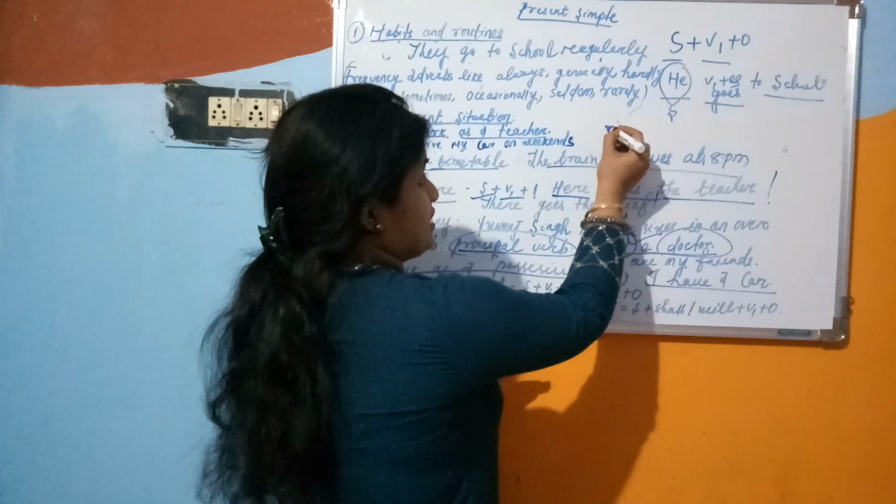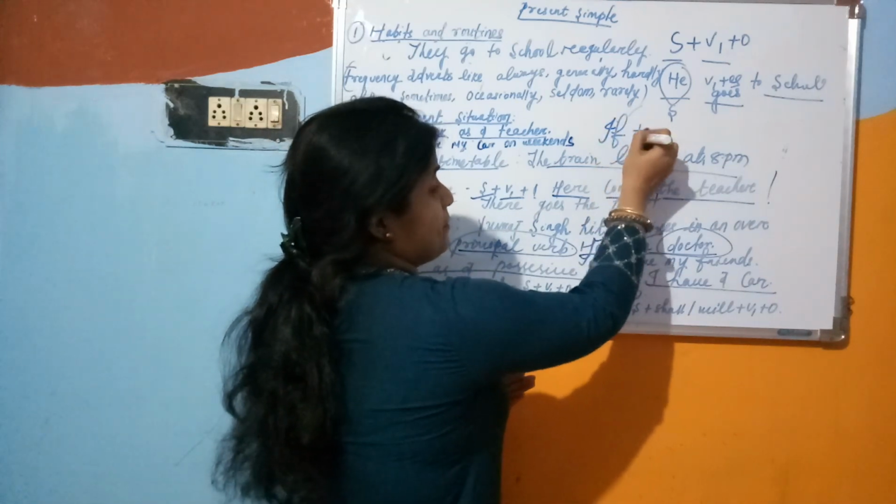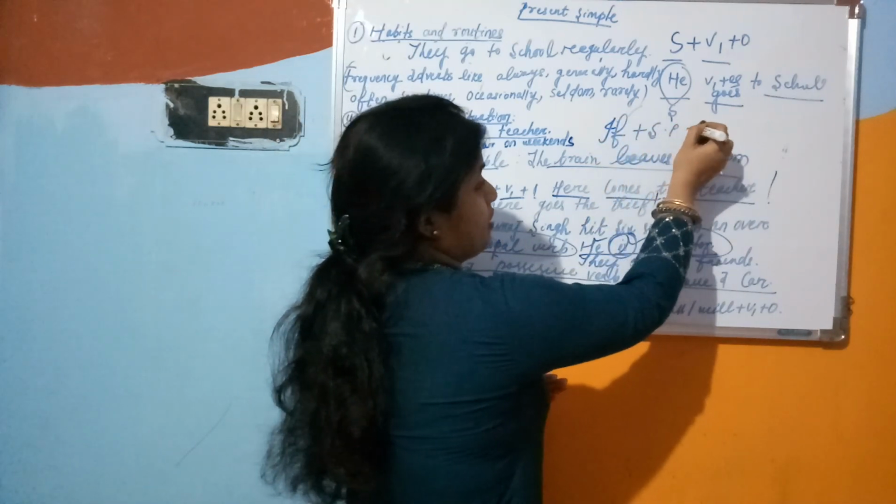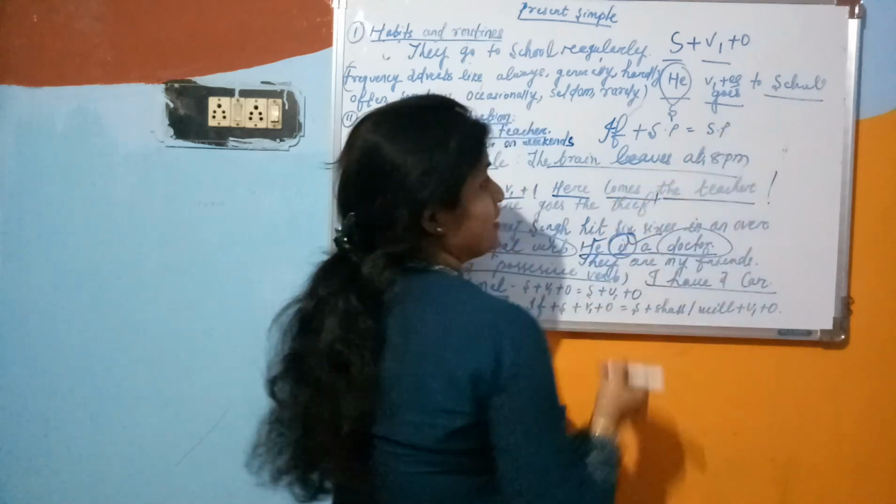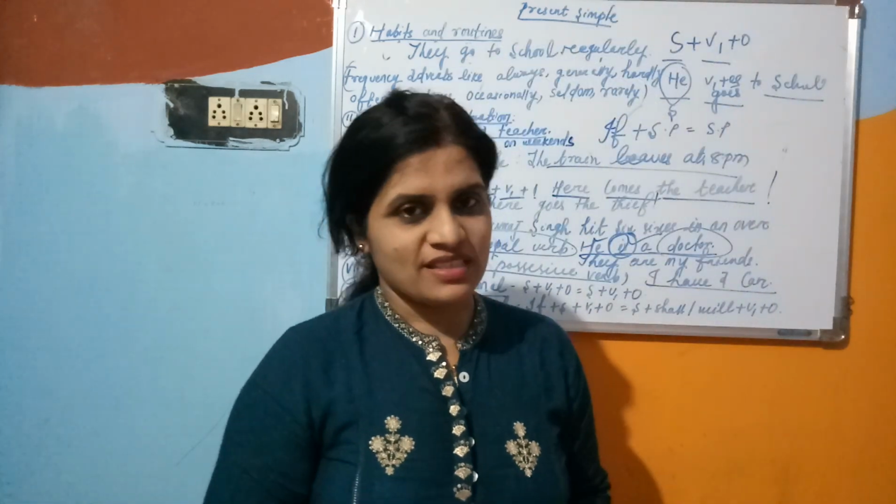Zero conditional means if plus simple present, simple present. It is used for scientific truth or general truth, which is true for you, for me, for everyone. So in zero conditional, we use simple present tense.